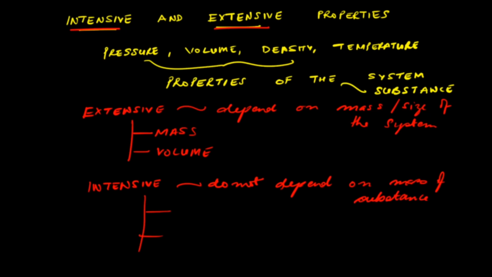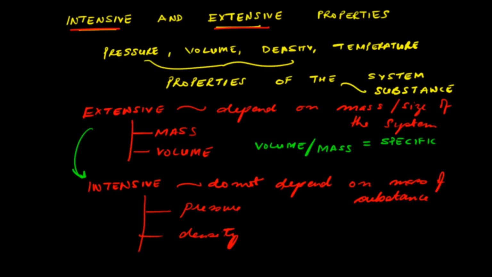Examples of intensive properties are pressure and density. Now, if you have any extensive property, you can also convert it into an intensive property. For example, you consider volume per unit mass, which we call specific volume. So specific volume is an intensive quantity. All extensive properties can be converted to intensive properties by taking those properties per unit mass.